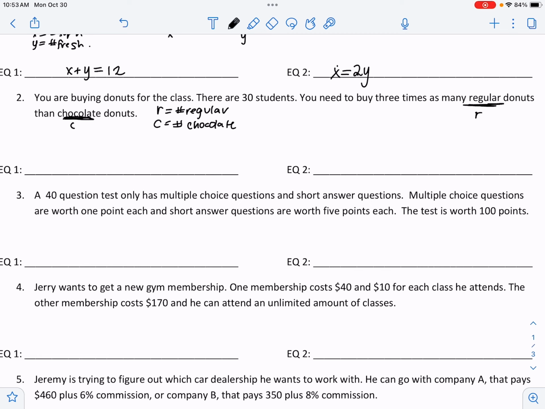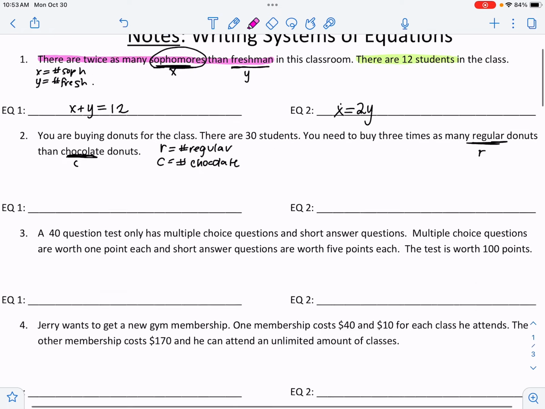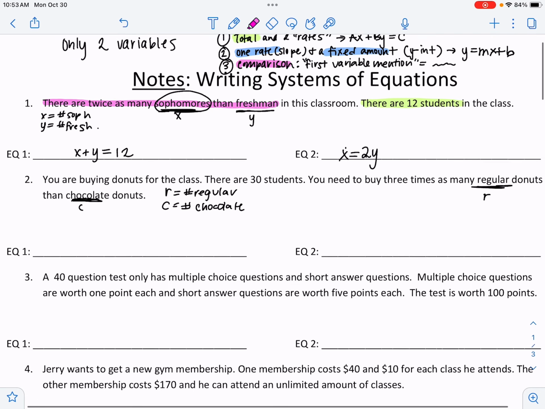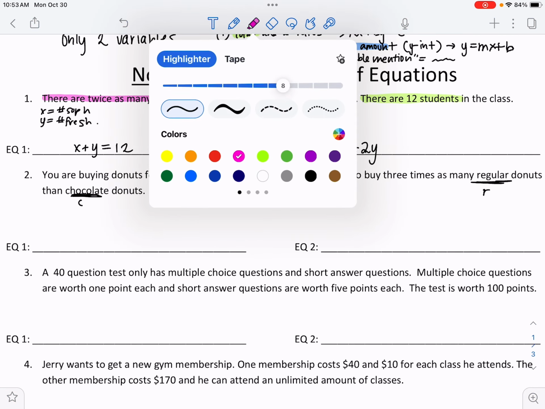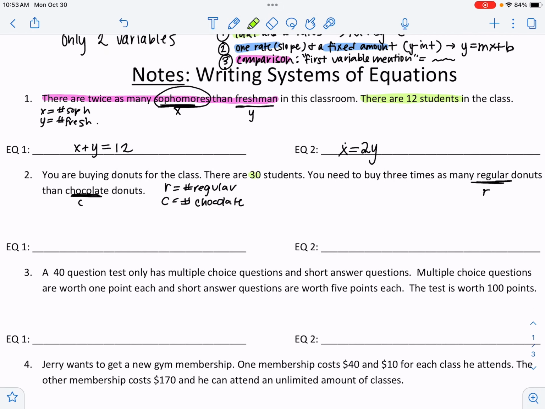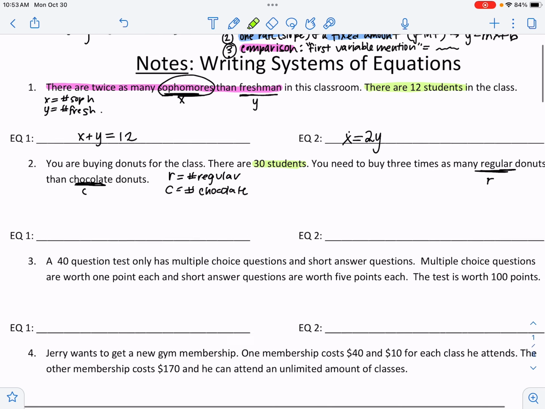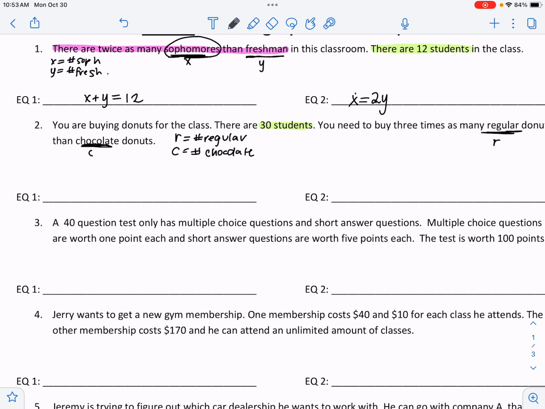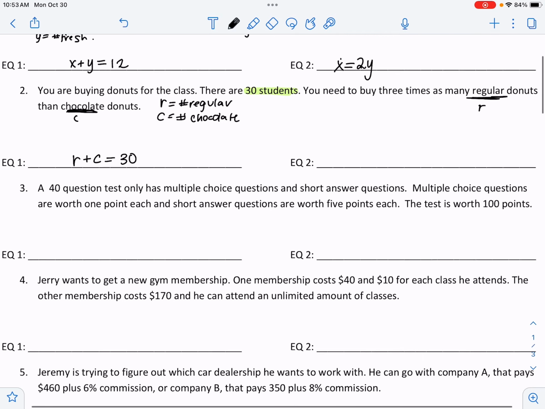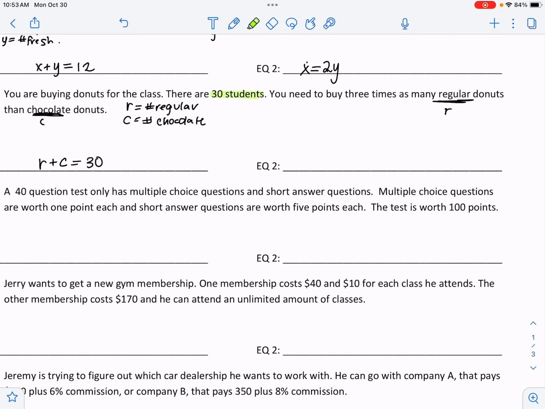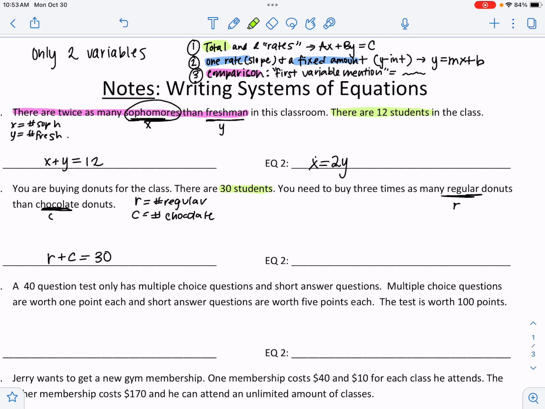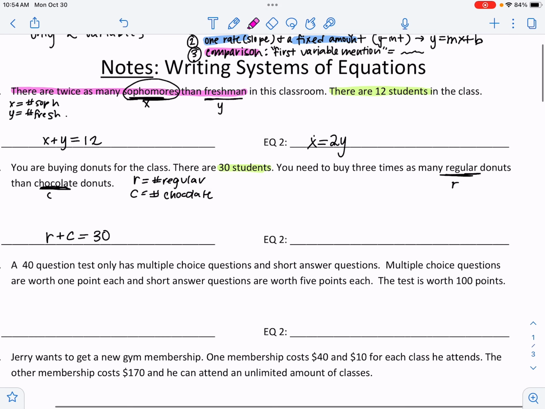Now, I don't know how much of each I'm getting, but I've got a total. The total, I'm using green for that. There are a total of 30 students, which means I'm going to need a total of 30 donuts. So when I add R plus C, I should get a total of 30 donuts. The other sentence is a comparison between the number of regular and chocolate.